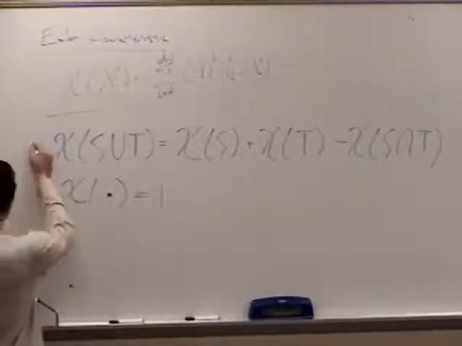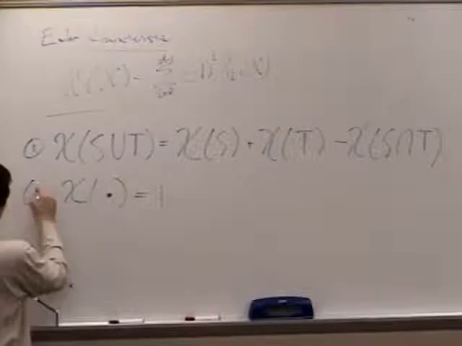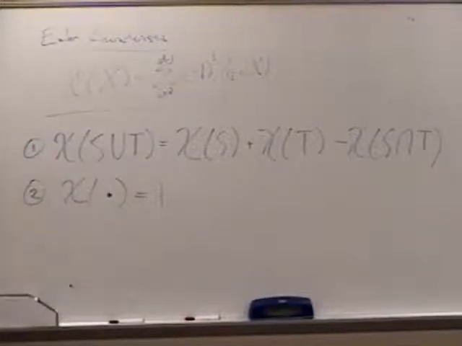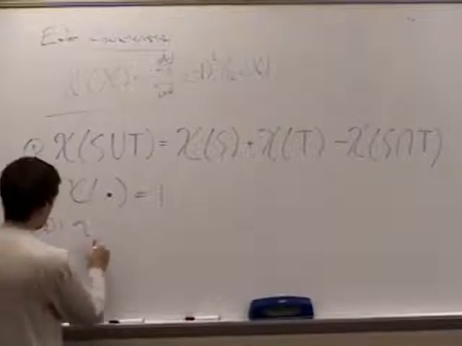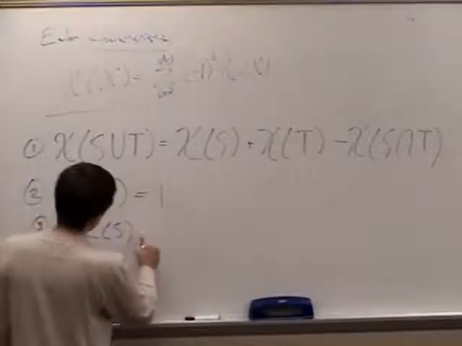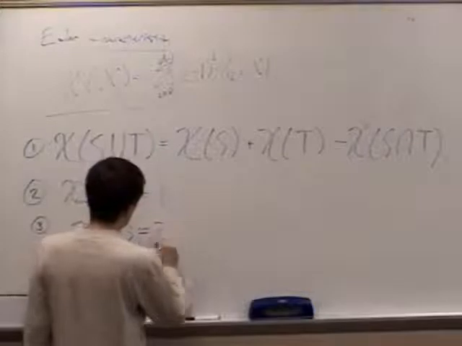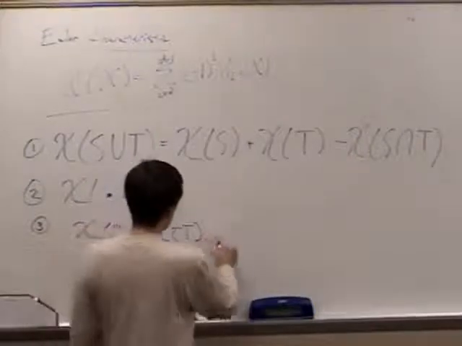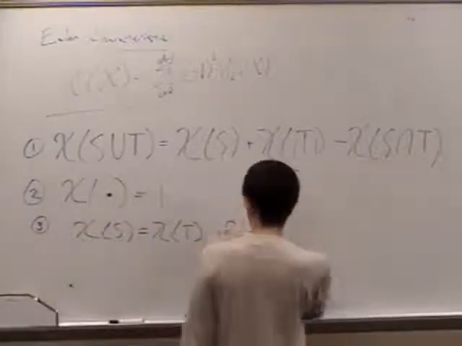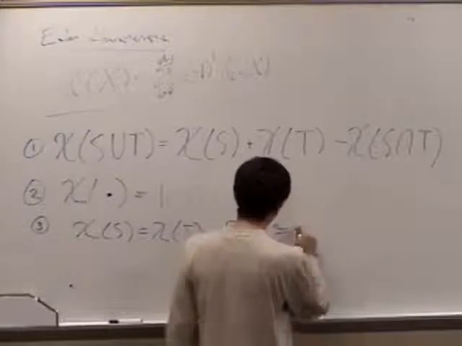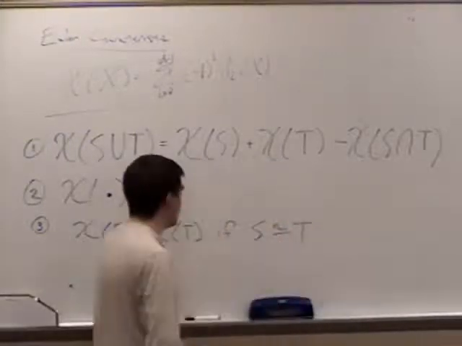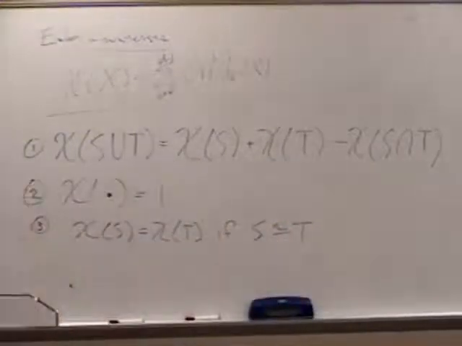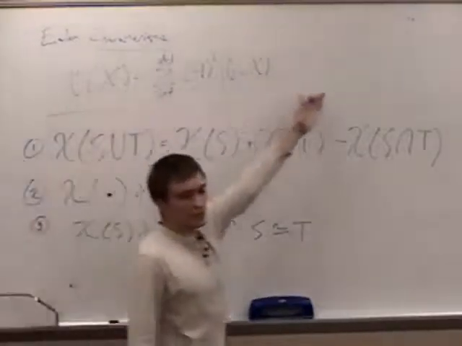If you combine this property, the property that the Euler characteristic of a point is equal to 1, and the property that g of s equals g of t if s is homotopic to t, which is a term I didn't define, these three properties are sufficient to completely determine it.